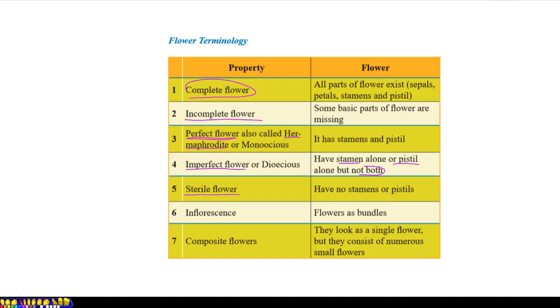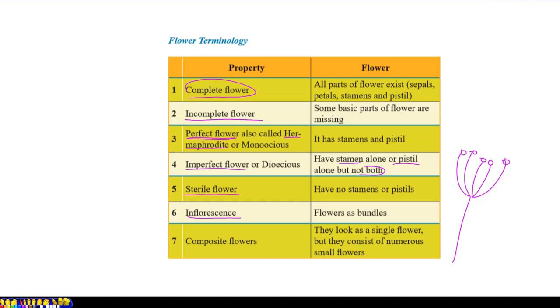A sterile flower has neither male nor female parts, so it is not able to reproduce. Production of reproductive cells and fertilization do not happen in this kind of flower. Inflorescence is a term about the structure of flowers, where one main stem is branched to have many flowers as a bundle.